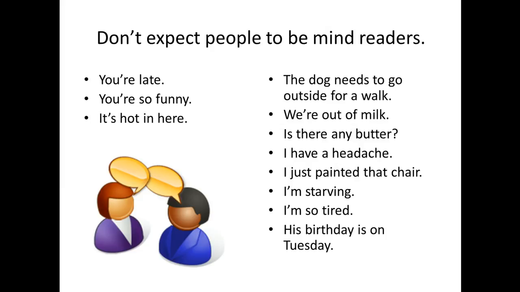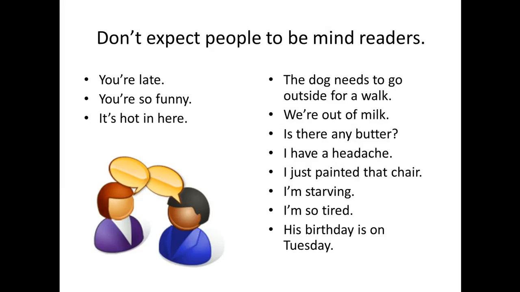And in our writing, this is where we have to be very careful. We do this in conversation, but in academic writing, precision is key. So here are some other examples. I have a headache. That means leave me alone. I just painted that chair is not a statement of fact. It's saying don't sit in it.